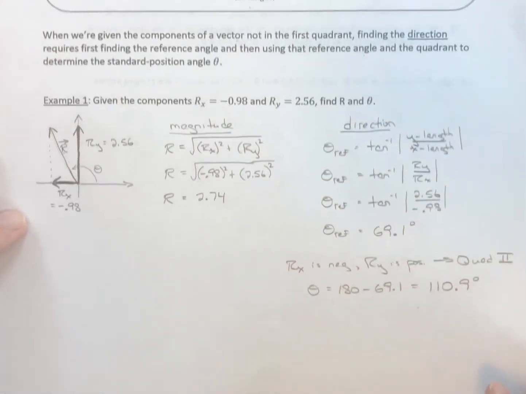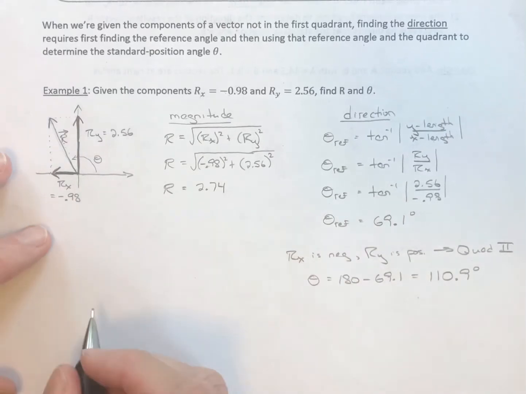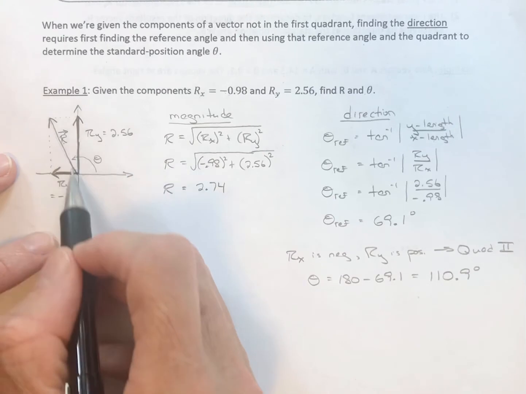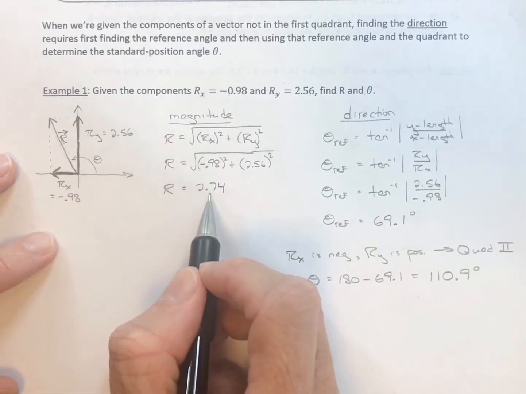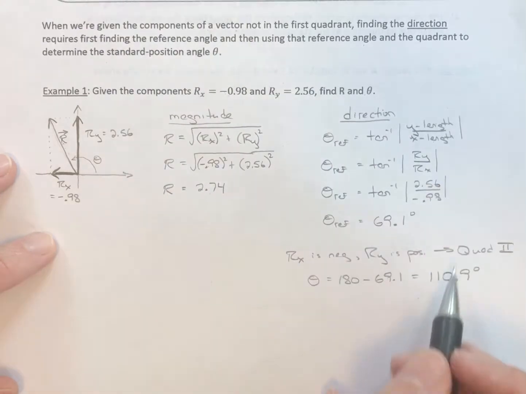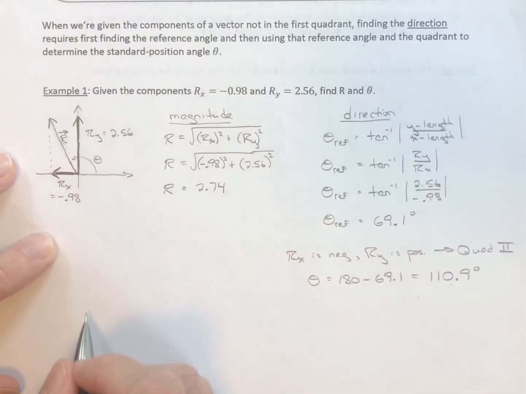So we know, find r and theta. We found the magnitude of our resultant vector, 2.74. We found its standard position angle of 110.9 degrees.